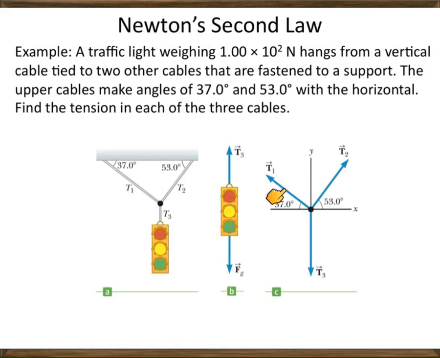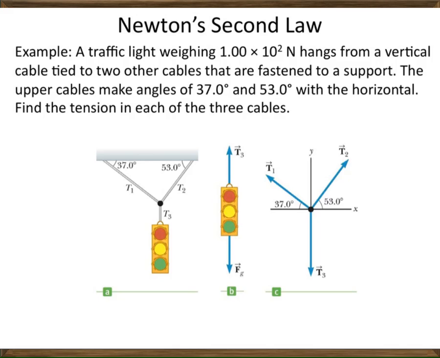This one is T1, we call this T2, and this part of the string is T3. By the way, when we are talking about the forces on the string, tight strings, we usually label them by T, capital T. T1 is a force. T is force, and it is tension.